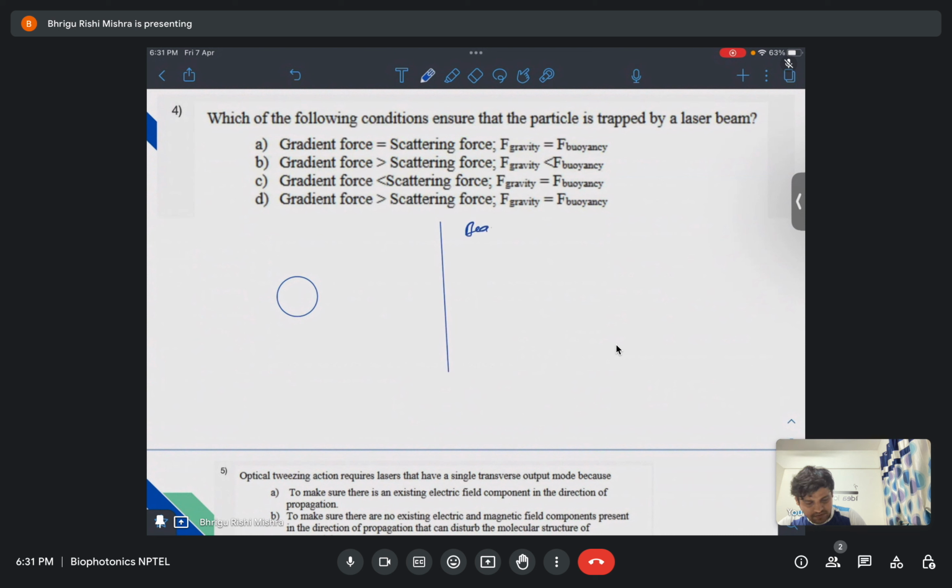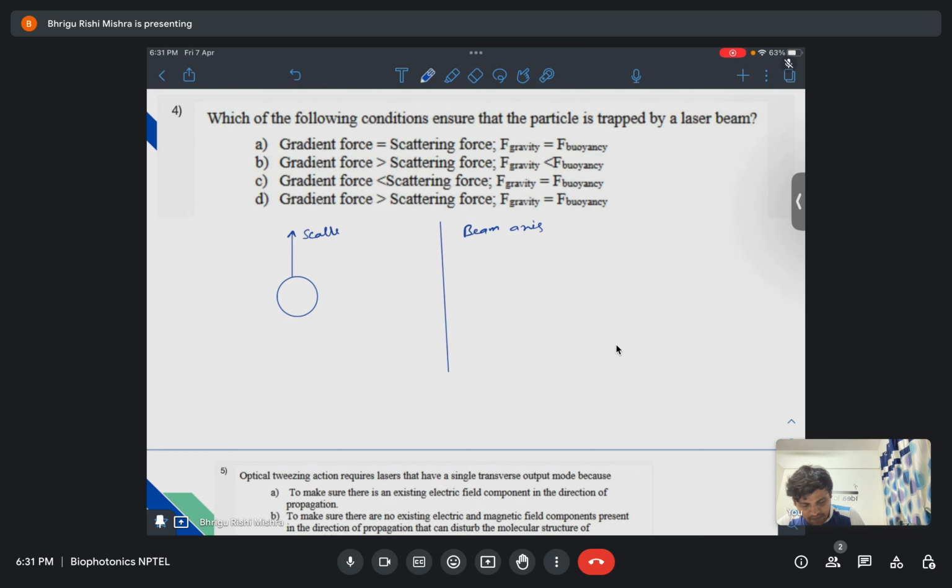If the beam axis is in this direction, then you have the scattering forces in upward direction.